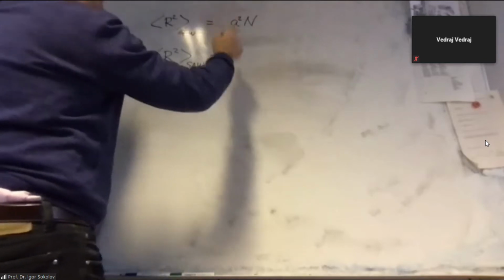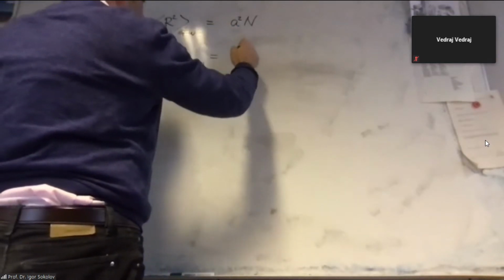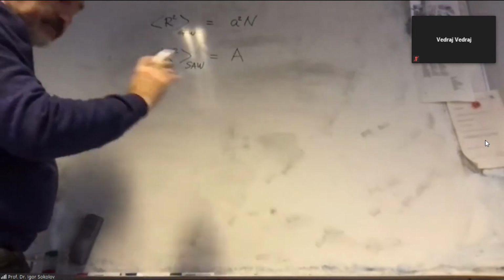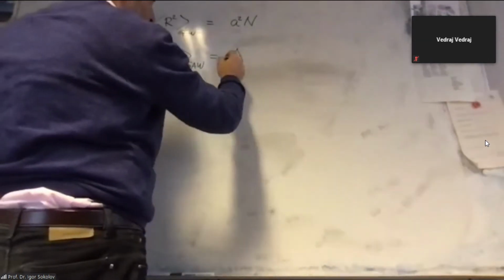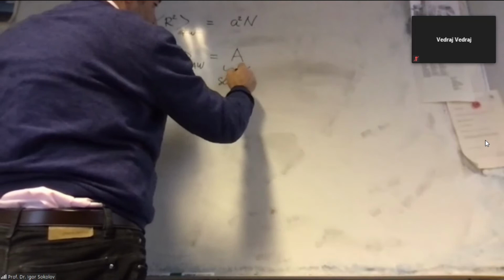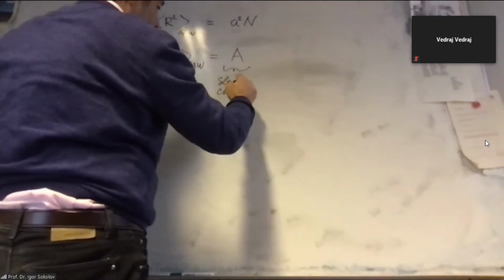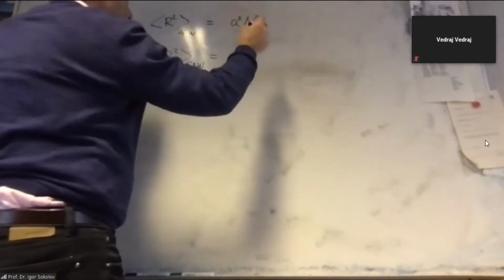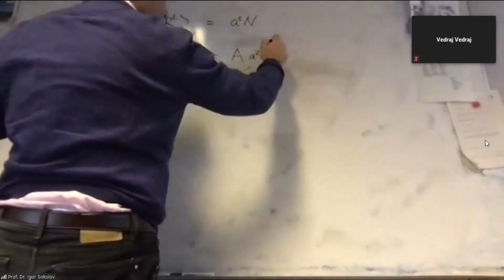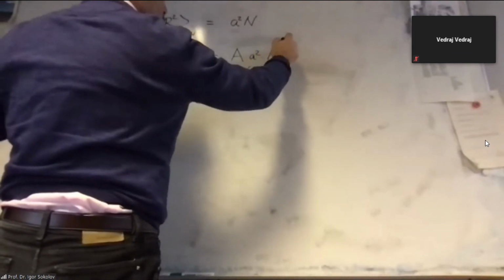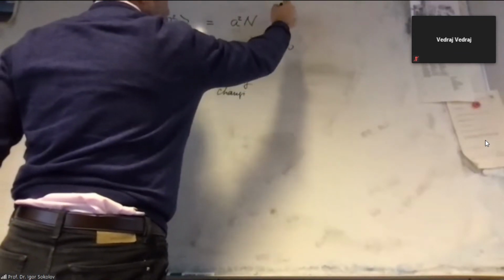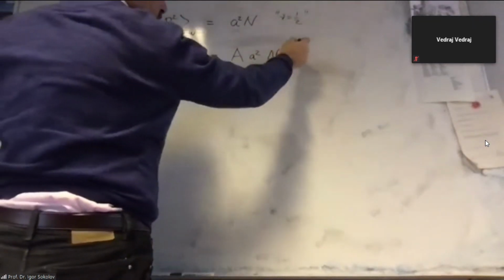For the self-avoiding chain, we have some number prefactor, maybe a slowly changing function. We will discuss this. And then you have A squared from the dimension. And then you have n to some power, which we call 2 nu. So here, this would correspond to nu equal 1/2. And here, nu is not 1/2.